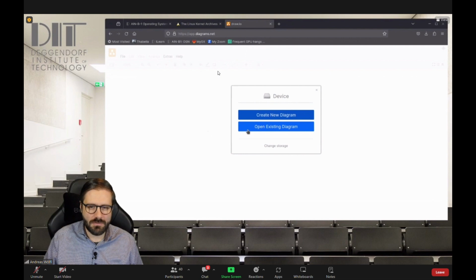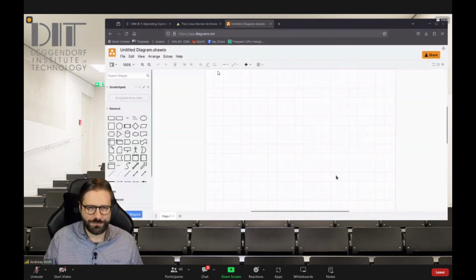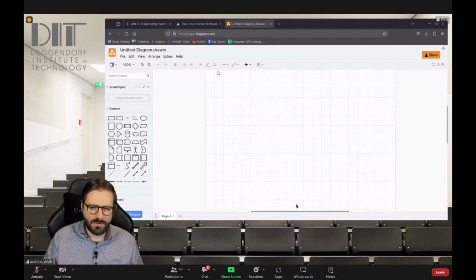It's the online drawing application that I use for my diagrams, and every diagram that you see is drawn with Draw.io or diagrams.net. It's the same.